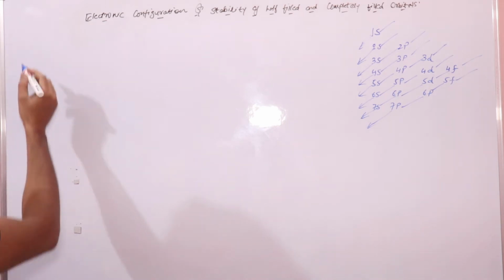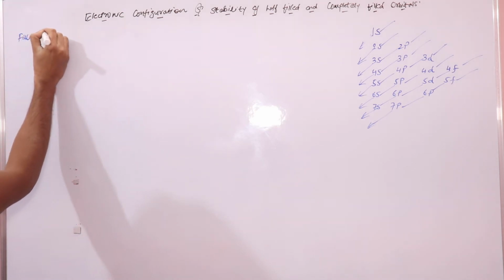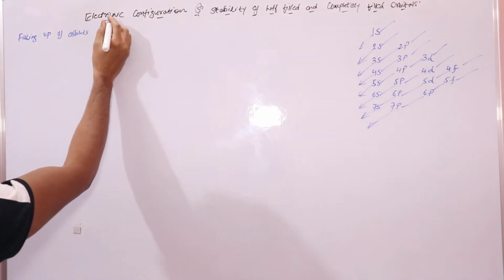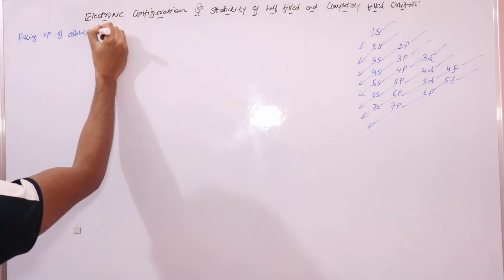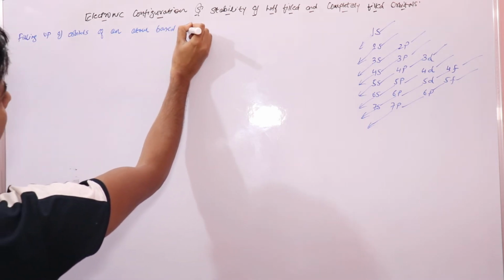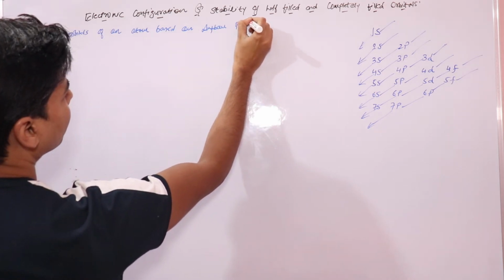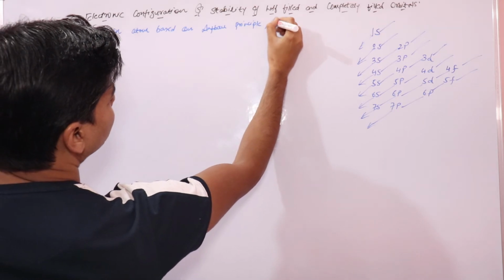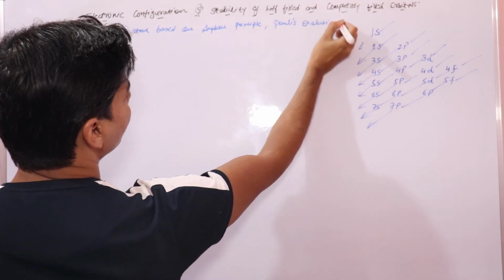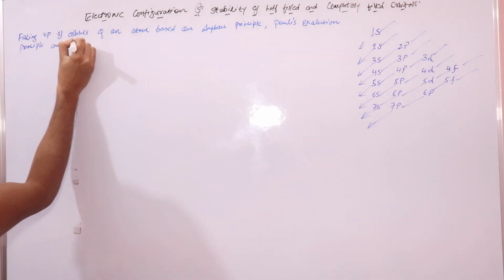So what is electronic configuration? Electronic configuration is the filling up of orbitals of an atom based on the Aufbau principle, Pauli's exclusion principle, and Hund's rule.